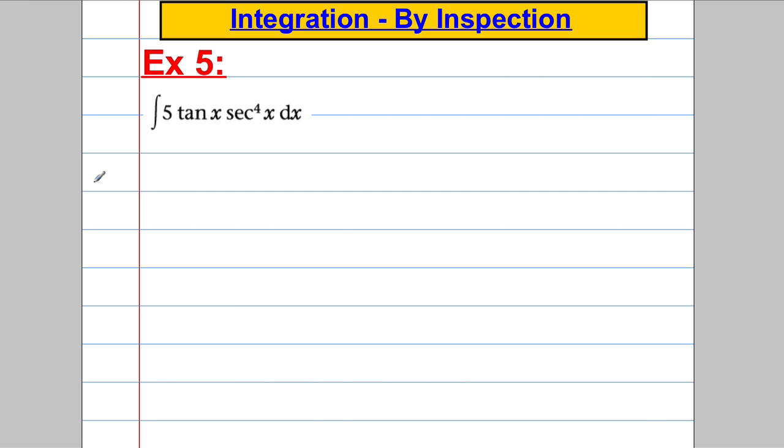Okay, now last one. This one is really quite a tricky one, but let's do it anyway just to see how tricky they can actually get. Looking at this, straight away I'd like you to think to yourself, well, it looks like it's of the form f dashed x, f of x to the power of n with respect to x.